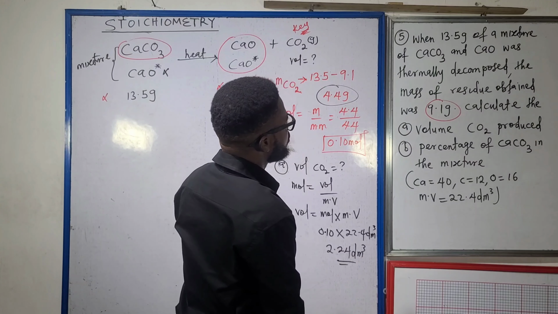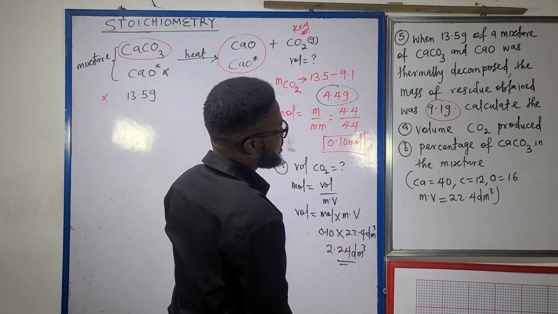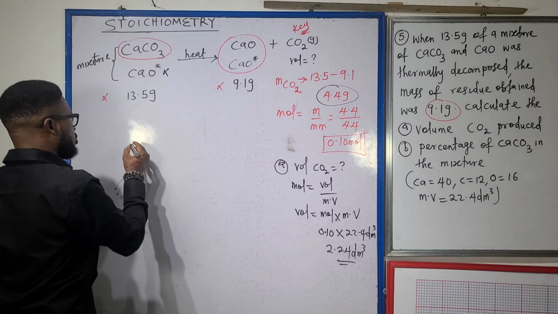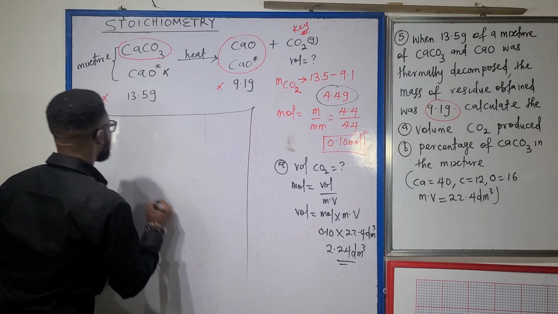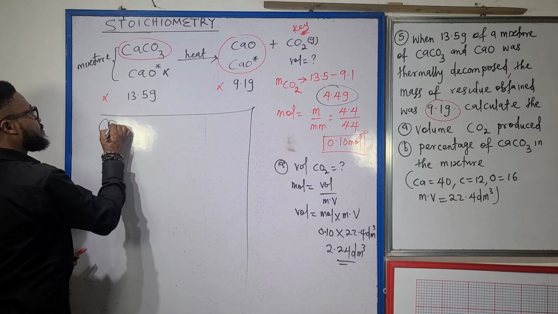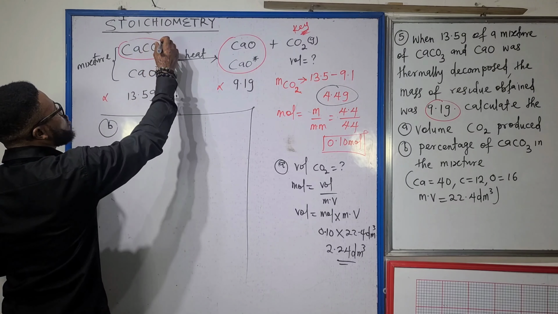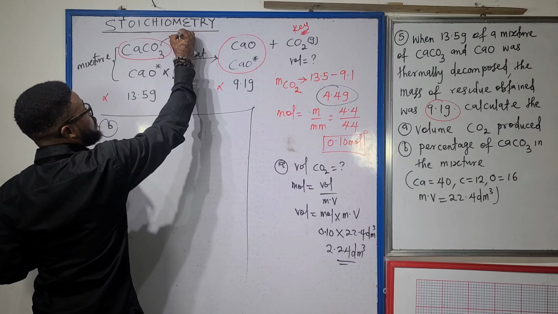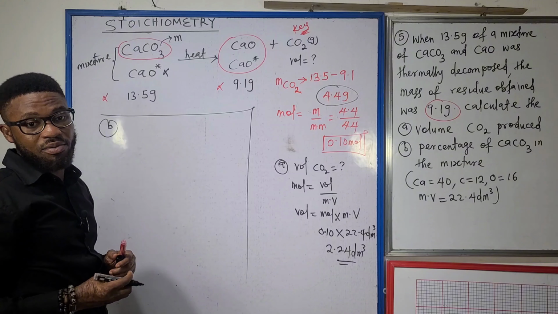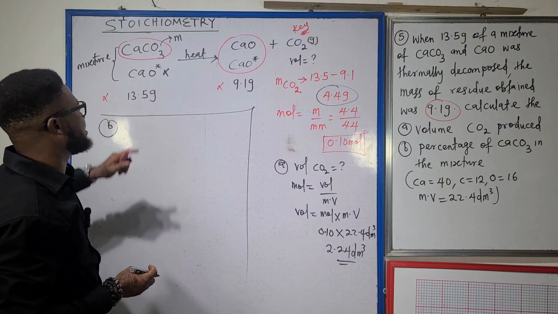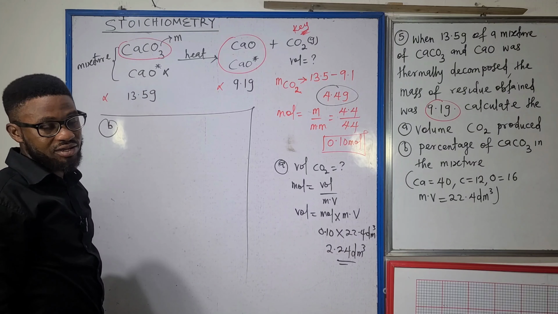So moving on to question B, it says percentage of calcium carbonate, CaCO3, in the mixture, and this is also very direct. B, percentage of calcium carbonate. For me to know the percentage, I need to first of all get the mass of calcium carbonate. When I get the mass, I can now look for the percentage in 13.5 gram.